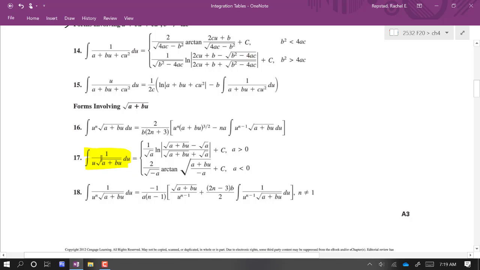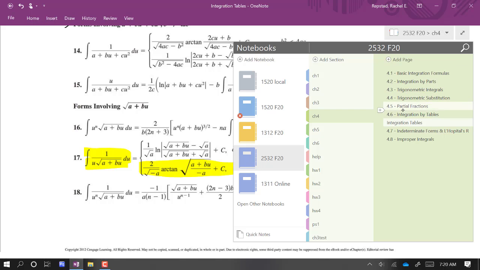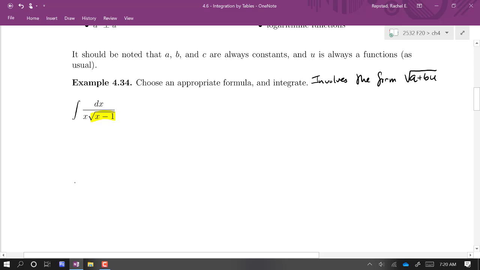Now, this gives you different results depending on a, and our a is negative because we had x minus 1 in there. So I think we're looking at that result. Formula 17 looks like this.